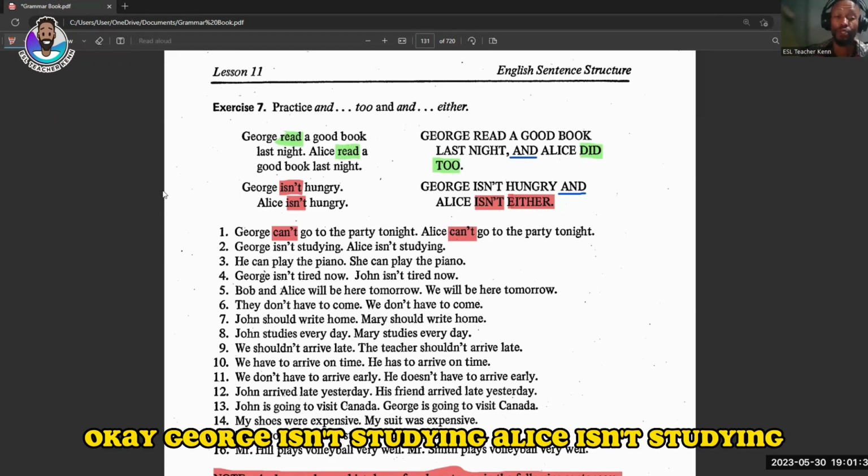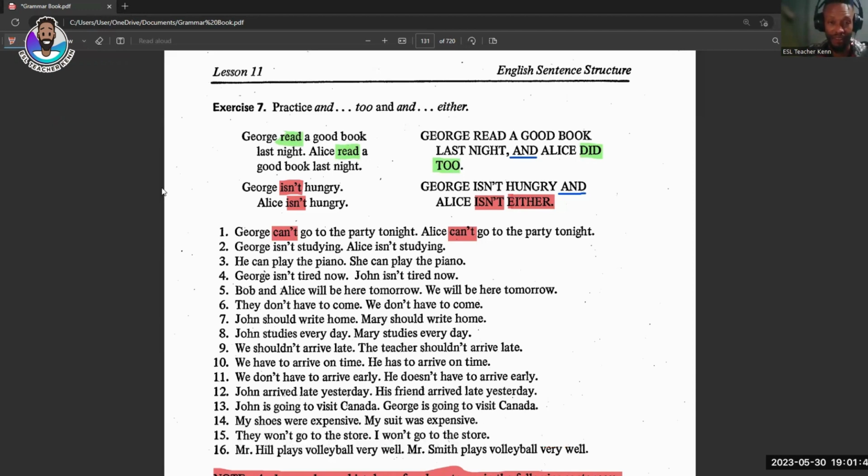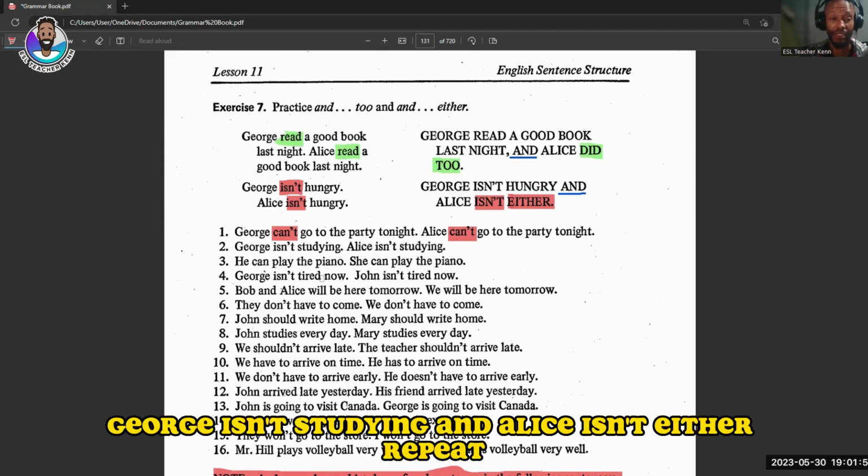Okay. George isn't studying. Alice isn't studying. George isn't studying, and Alice isn't either.